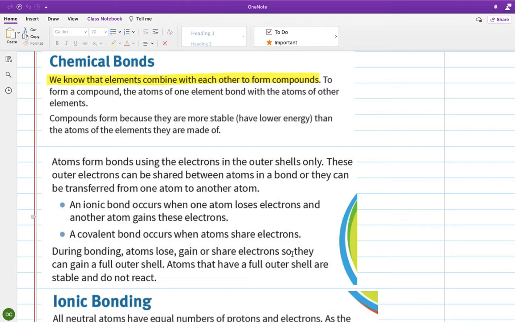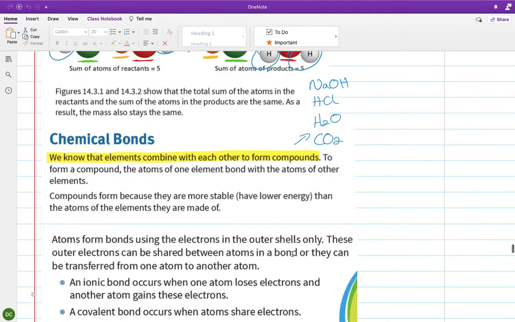Compounds that we know are H2O, CO2, and there's a couple up there, HCl, NaOH. Lots of different ones where you have elements like sodium and hydrogen and chlorine and oxygen combining to make compounds.